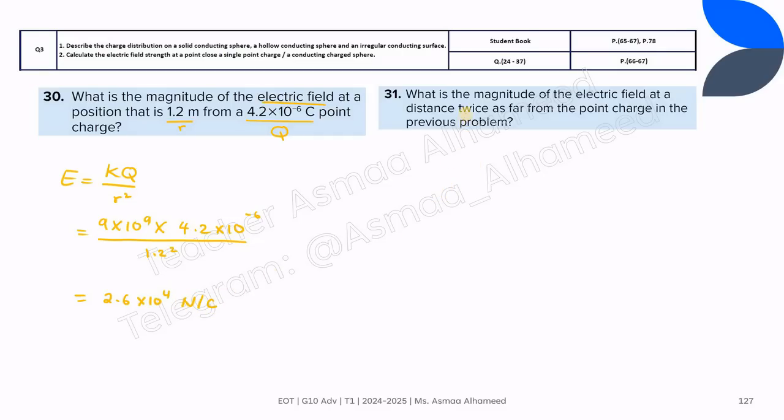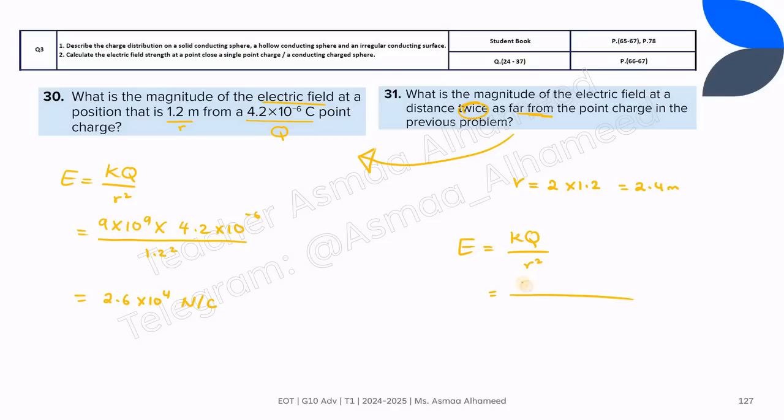Next question, we have what is the magnitude of the electric field at a distance which is twice as far from the previous problem? So now my R is equal to 2 times 1.2, which is equal to 2.4 meter. Now we do the same thing. E will be equal to K Q over R squared.